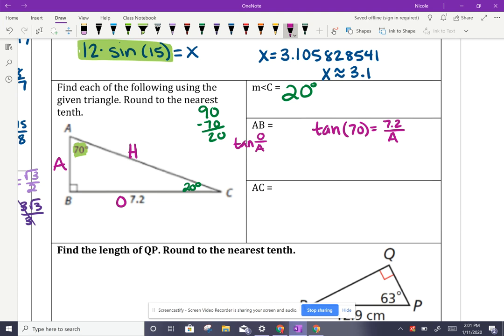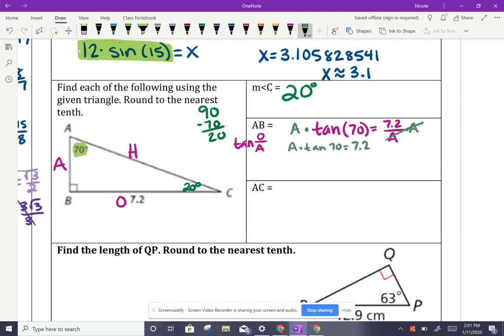Now, my A is stuck in the bottom, so I have to get that out of the bottom, but I also need it on one side by itself. So this is going to take us through a few steps. I'm going to have to multiply both sides by A, which cancels out the A on this side. So then I'm left with A times tangent of 70 equals 7.2.